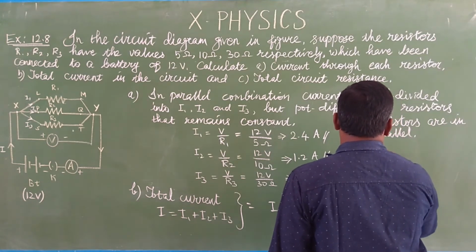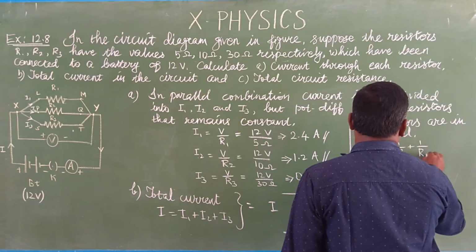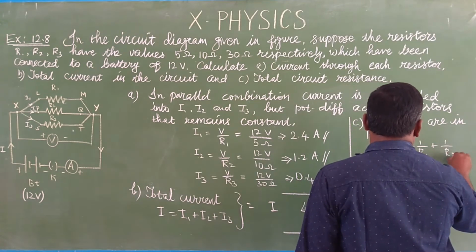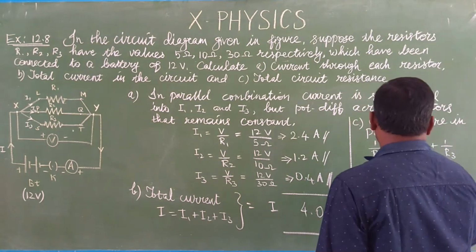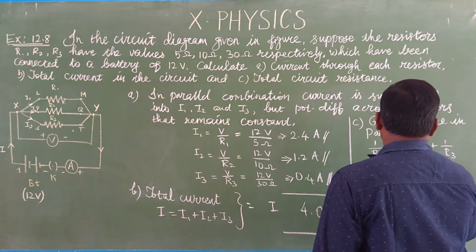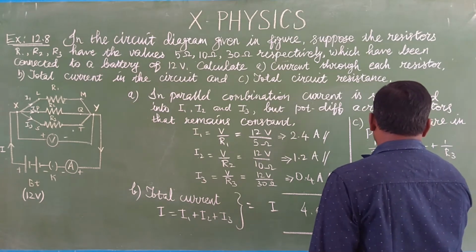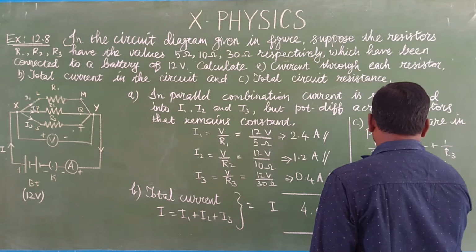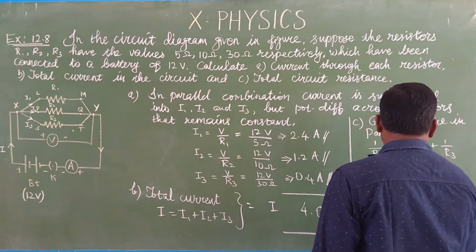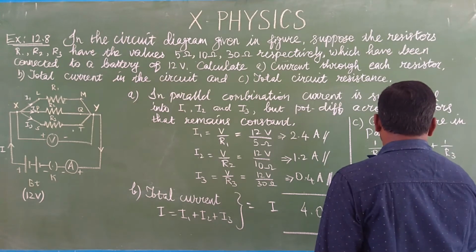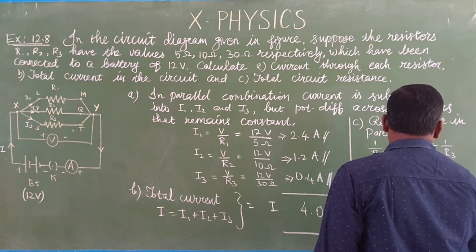So 1 by Rp is equal to 1 by R1 plus 1 by R2 plus 1 by R3. Substitute the values: 1 by 5 plus 1 by 10 plus 1 by 30. Taking LCM, it is 30. So 6 plus 3 plus 1, we have 10 by 30.